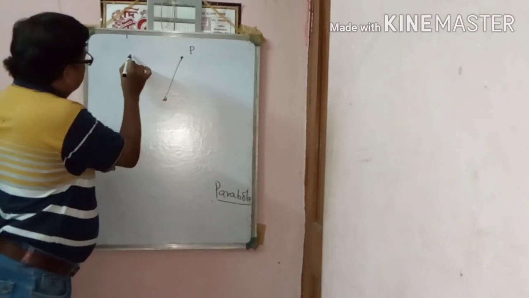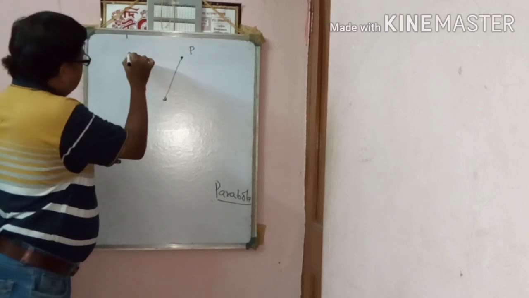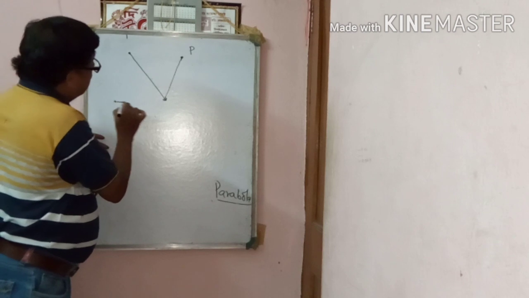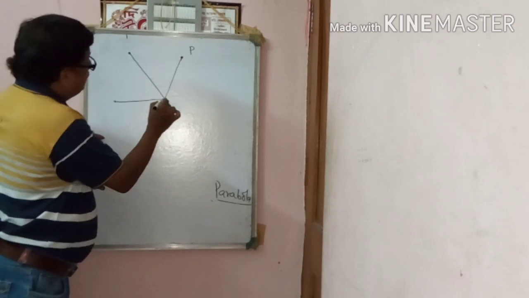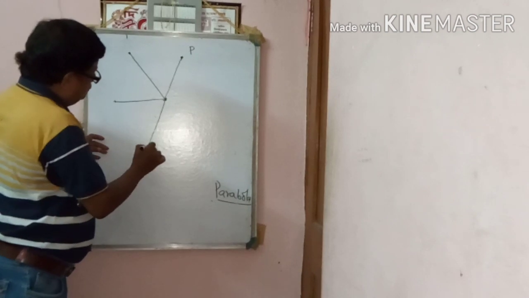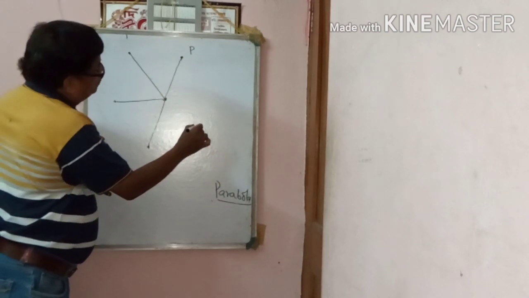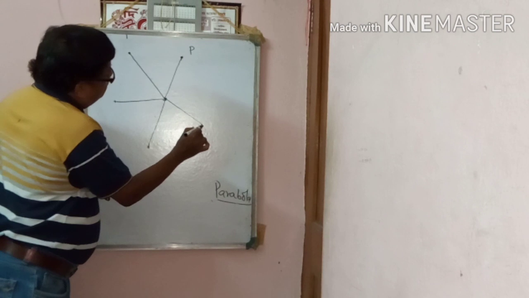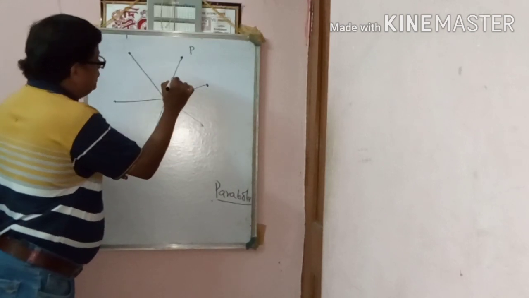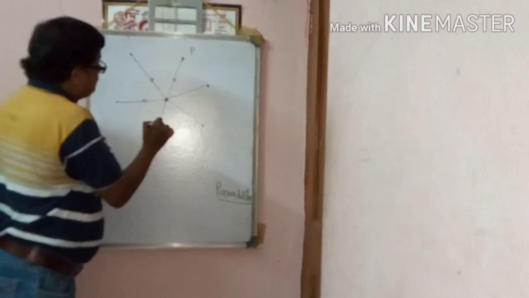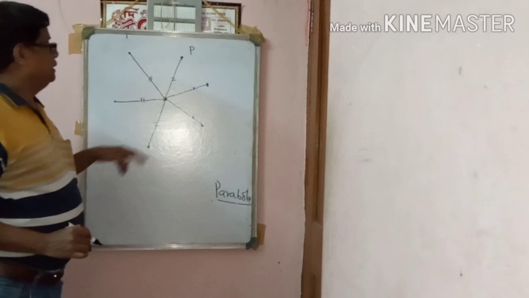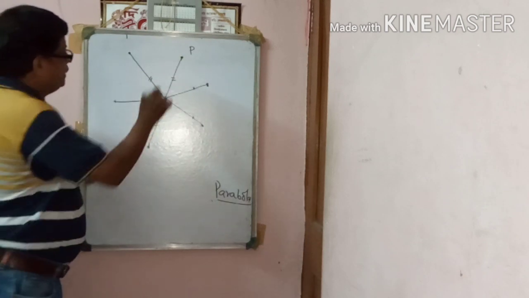Again the point is here, this distance. Again the point is here, again here. These distances are all the same. The locus of the point, look at here.